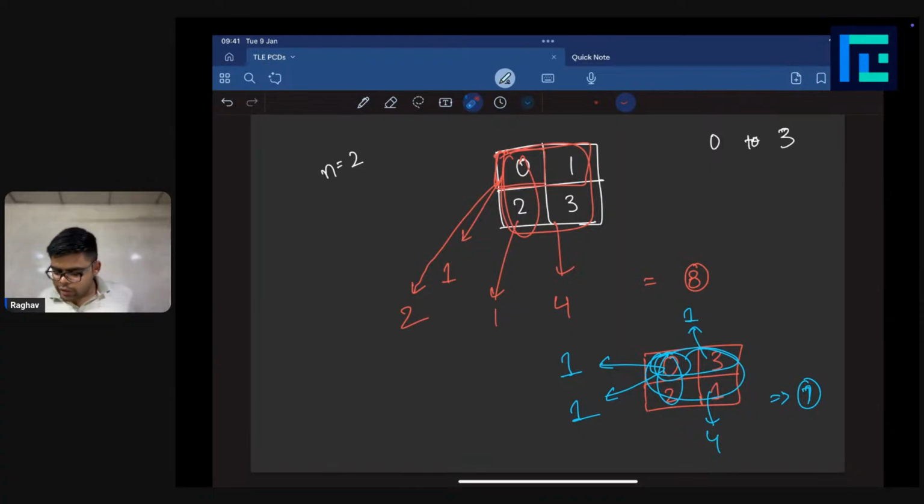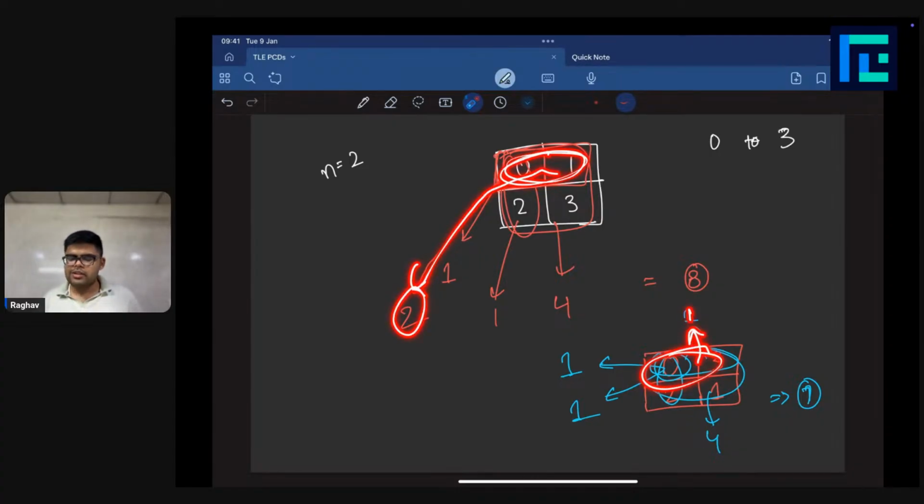The only difference between this and the earlier case is that you have swapped these two. The loss that we are getting here is that earlier this subgrid was giving us an MEX value of 2, whereas it is now giving us an MEX value of 1. So here we are losing. In a nutshell, you can see that this is the best case, where you're having 1 coming up right on the side of 0.